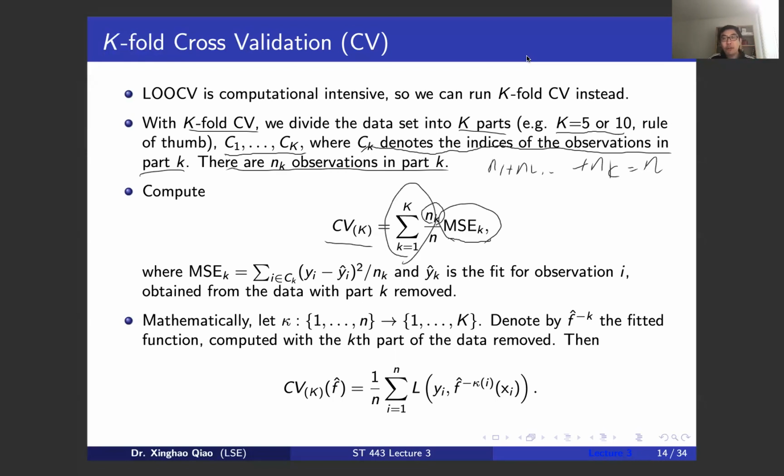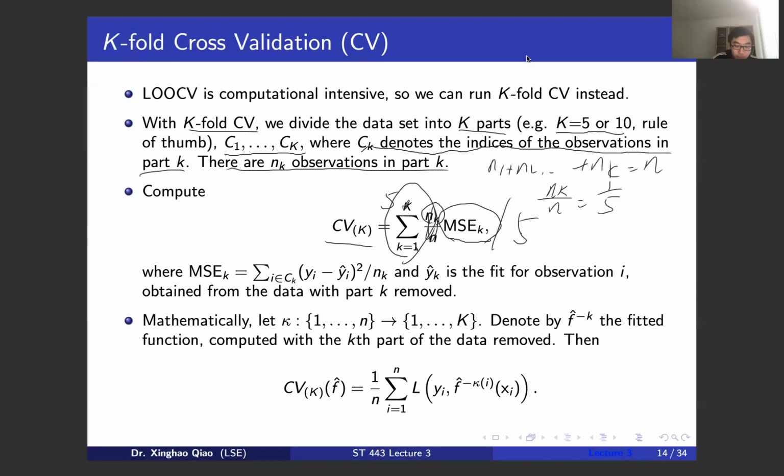For example, for 5-fold cross-validation, roughly speaking, nk divided by n will be approximately equal to 20%, which is 1 over 5. Then the cross-validation for the 5-fold will be the sum over k from 1 up to capital K of the MSEs, divided by 5. So this will give you the error for the 5-fold cross-validation.